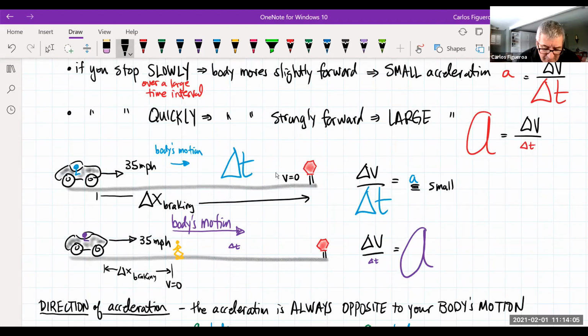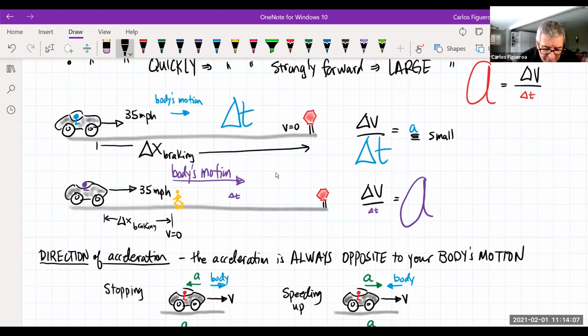Then we talked about our other case here. You could imagine if I had the same car and all of a sudden a small boy runs out in front of the car because you weren't expecting this small boy. Your braking distance is much shorter. In other words, you have to stop much faster.